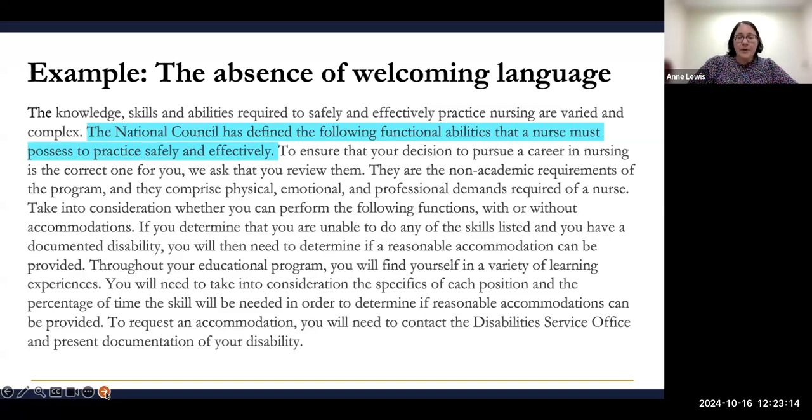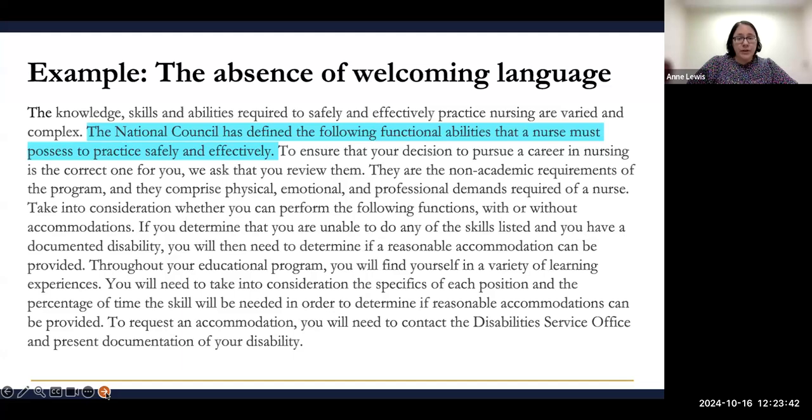They are the non-academic requirements of the program, and they comprise physical, emotional, and professional demands required of a nurse. Take into consideration whether you can perform the following functions with or without accommodations. If you determine that you are unable to do any of the skills listed and you have a documented disability, you will then need to determine if a reasonable accommodation can be provided.